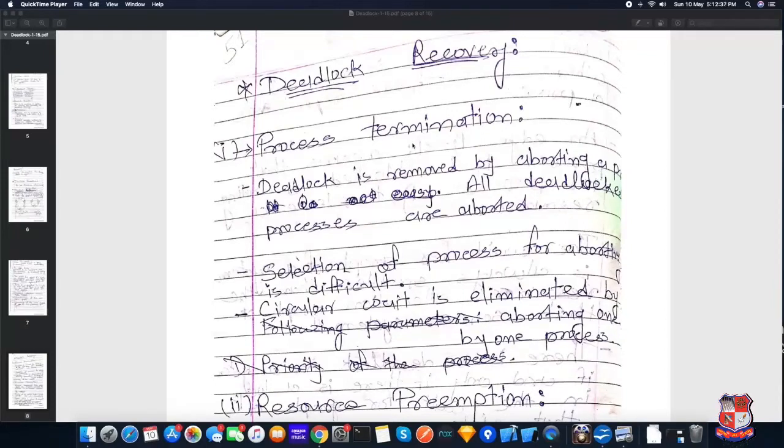In process termination, the deadlock is removed by aborting a process. All the deadlocked processes are aborted. We can select the process which is involved in the deadlock, and abort this process from the system. So it also recovers the system from the deadlock.